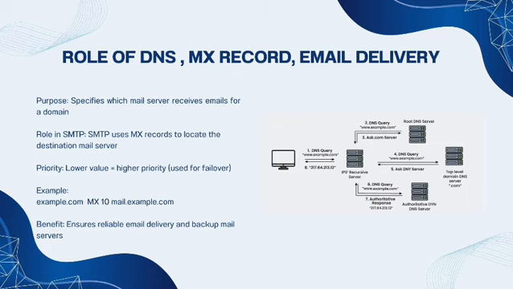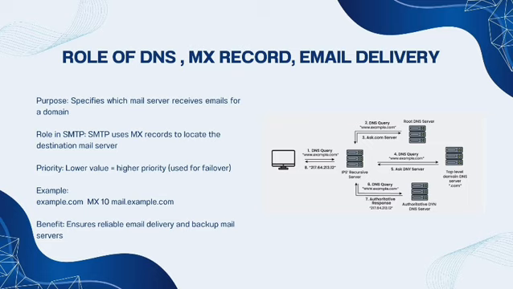The sender's mail server sends a query to the DNS system to retrieve information about the destination domain. DNS provides a special type of record called the MX record, which stands for Mail Exchange Record. An MX record specifies the mail server responsible for receiving emails for a particular domain. It also includes a priority value, which helps decide which mail server should be contacted first.